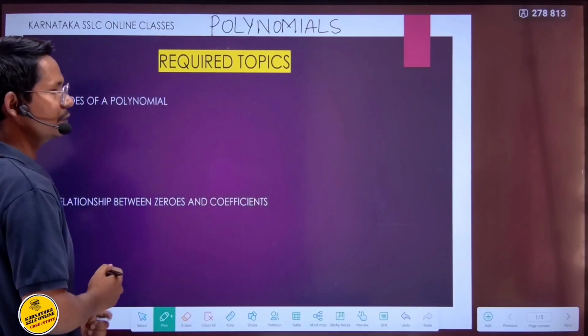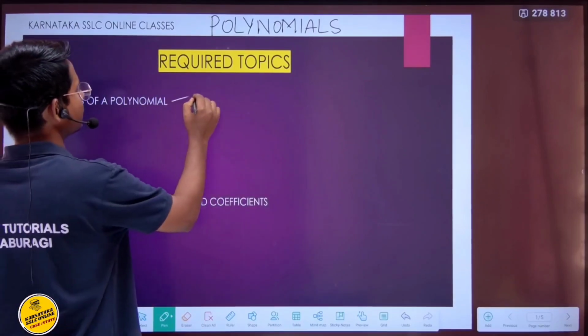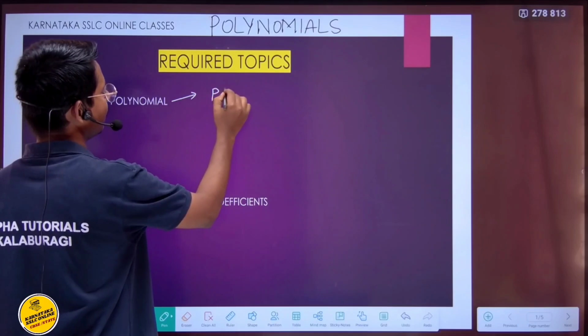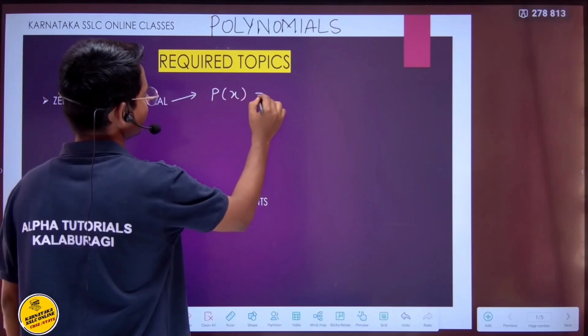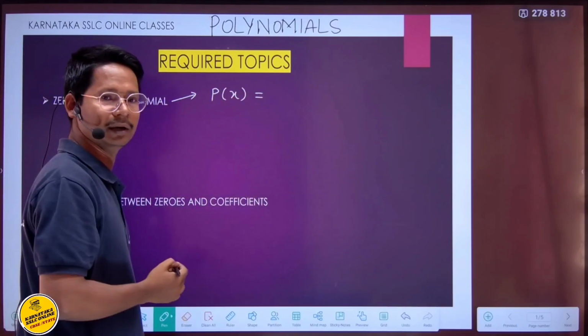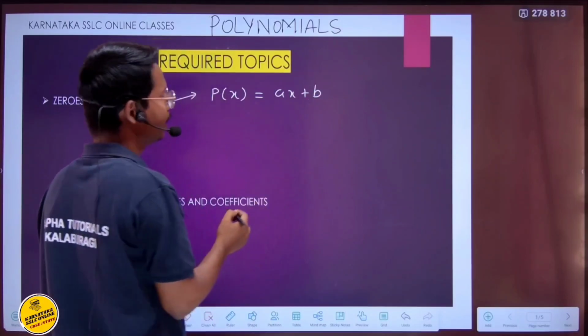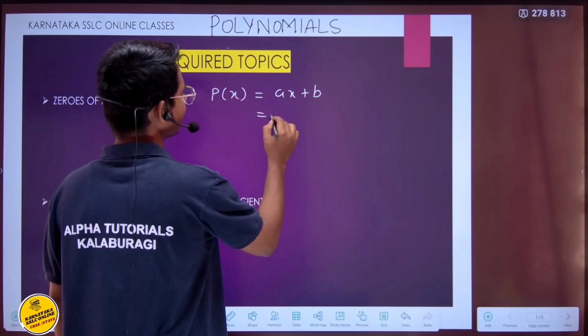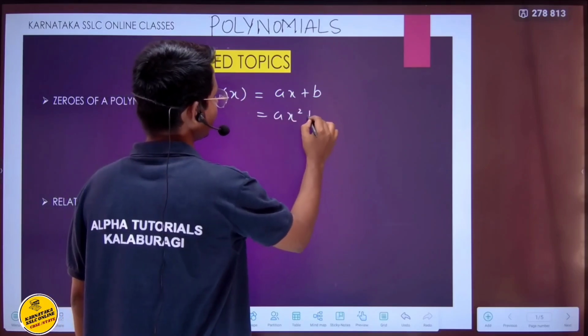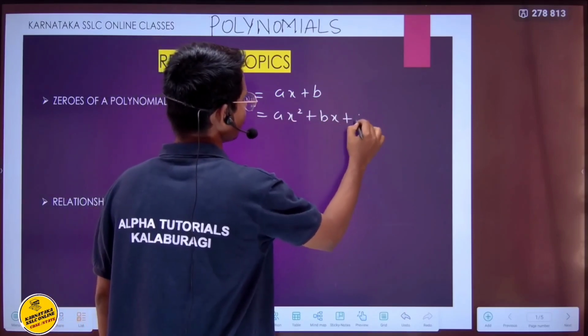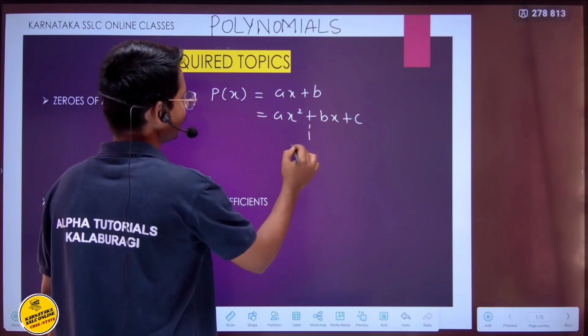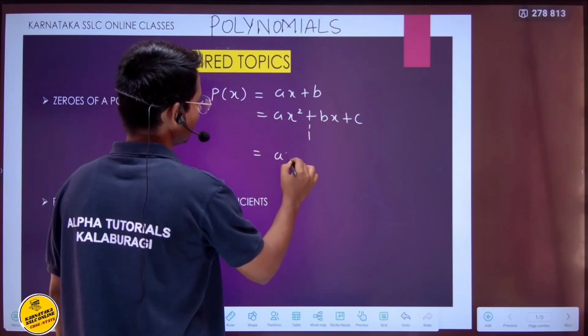See, first thing, polynomial. When you consider a polynomial p of x, it can be a linear polynomial, ax plus b. A polynomial can be quadratic, ax square plus bx plus c. And we can even write ax to the power n.